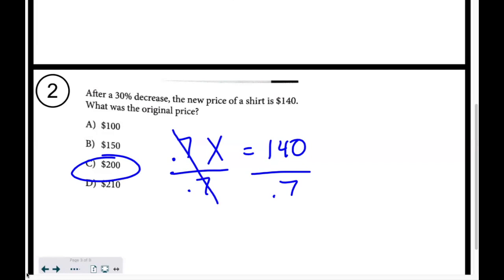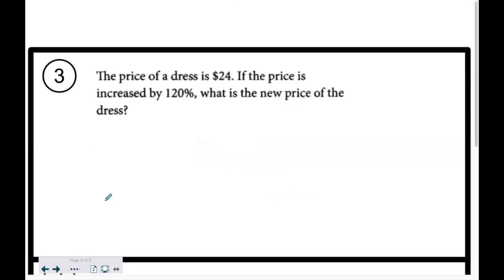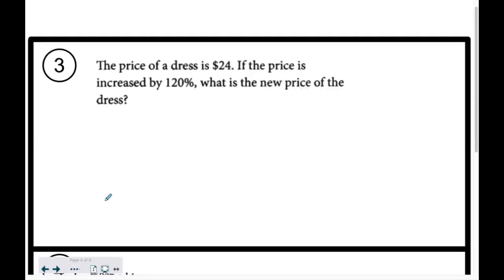All right, let's move on to number three. So the price of a dress is $24. The price is increased by 120%. So a lot of times we think we would use 1.2, but we will not. All right. So again, doing absolutely nothing is keeping 100% of it. And then if I increase it by 120%, that's really 220%.